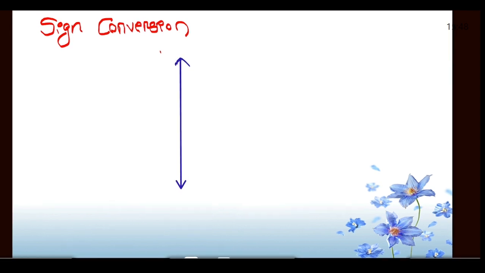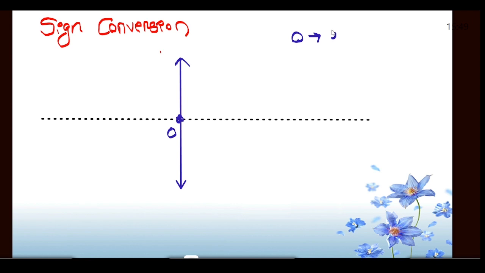Here just take any lens, and we consider a principal axis. This is the optical center, right? This optical center is known as the origin. All the distances are measured from this origin.